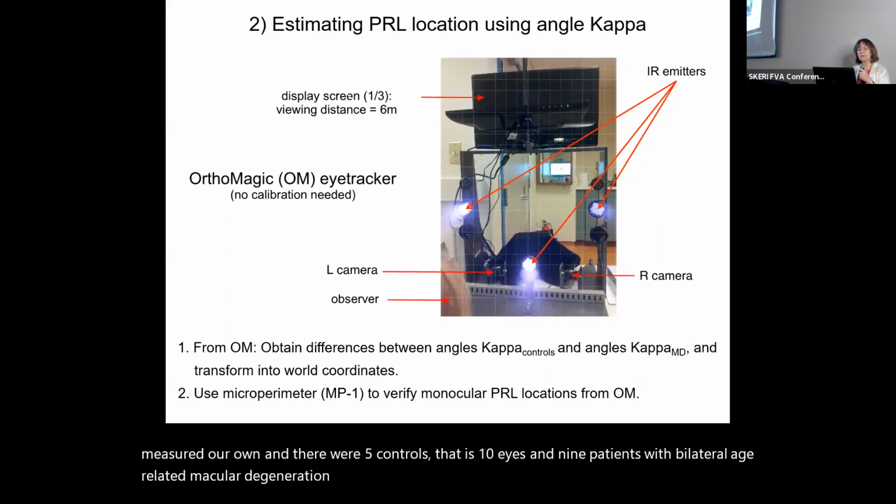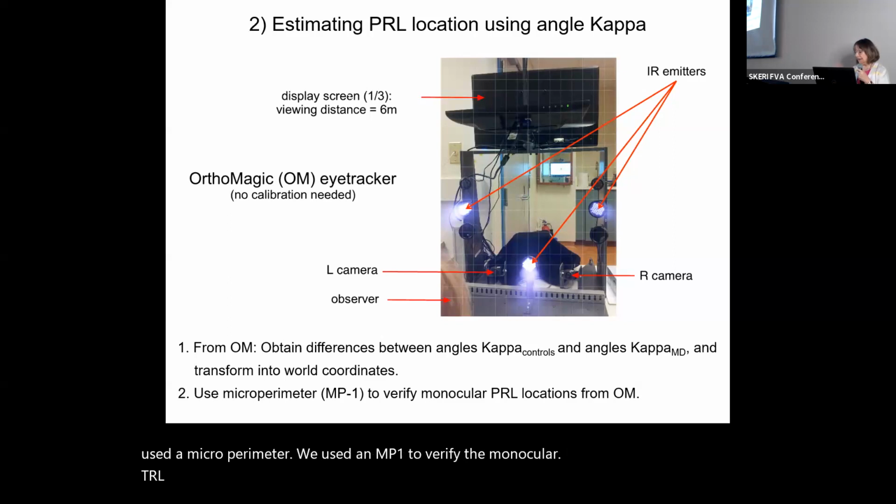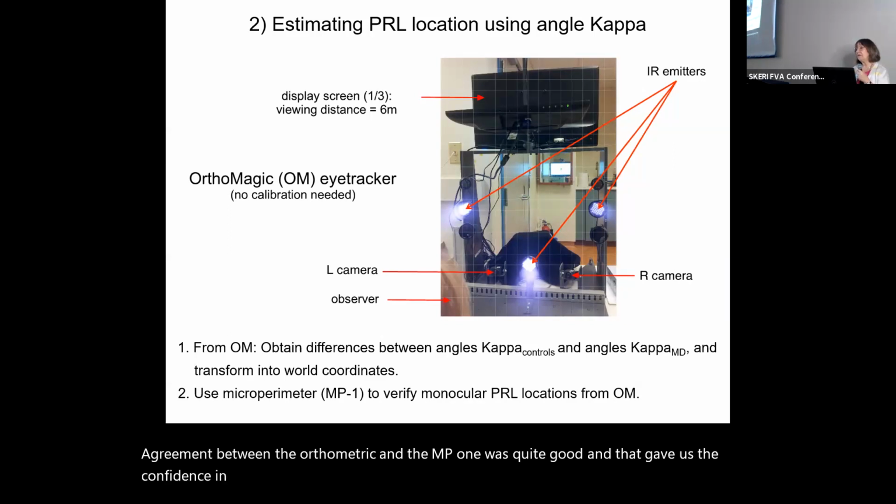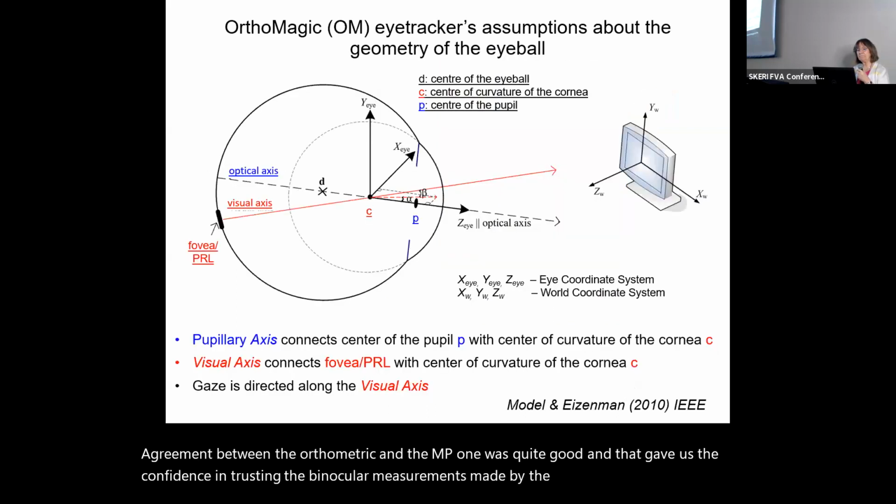We transformed them into world coordinates, and then we used a microperimeter, an MP1, to verify the monocular PRLs. The agreement between the Orthomagic and the MP1 was quite good, and that gave us the confidence in trusting the binocular measurements made by the Orthomagic.